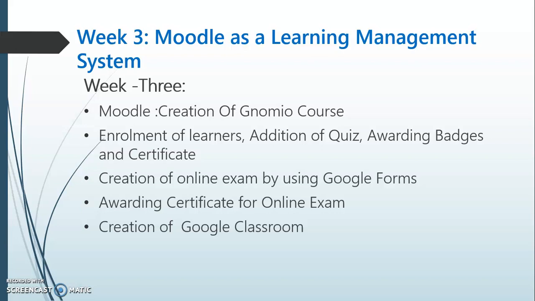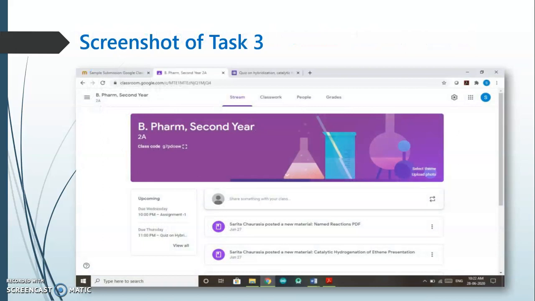Then at the end, in this week we learned how we are going to make a Google Classroom. This week's task is that either we have to prepare a Genomio course or we have to make one Google Classroom. I opted for making the Google Classroom. In that I made one classroom, that is the B Pharm second year.